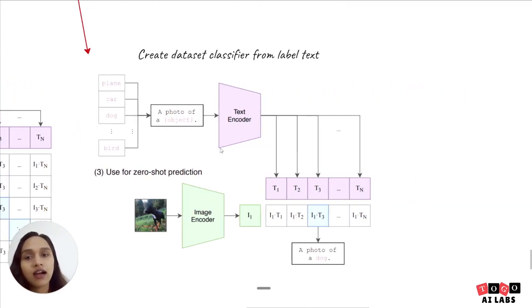After computing the dot products, let us extend the pre-training to something like classification. If we have different words in a dataset like plane, car, dog, bird, we add the step "a photo of a object" to make each a caption instead of a single word. So the caption becomes "a photo of a plane," "a photo of a dog," or "a photo of a bird."